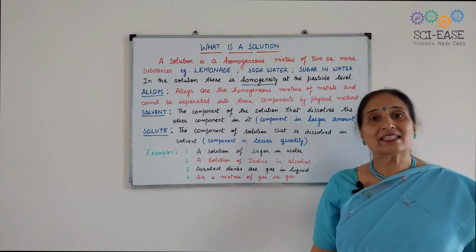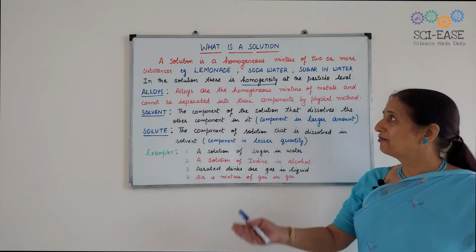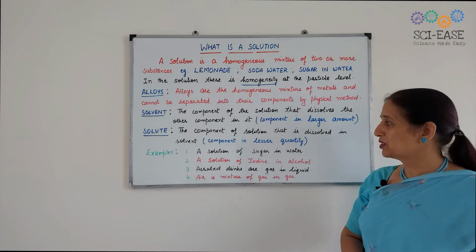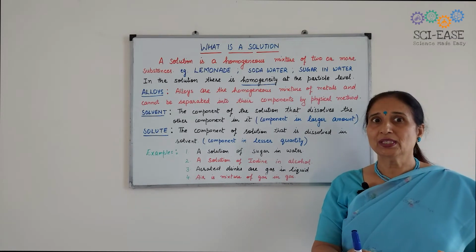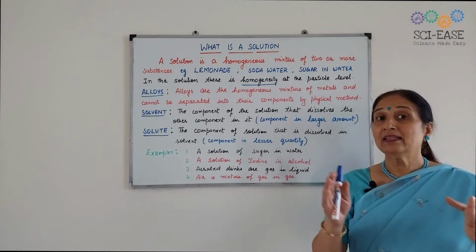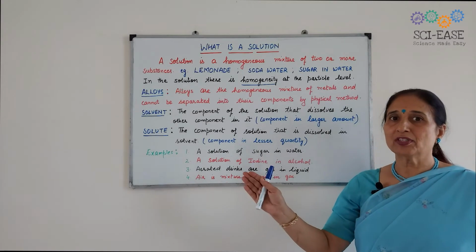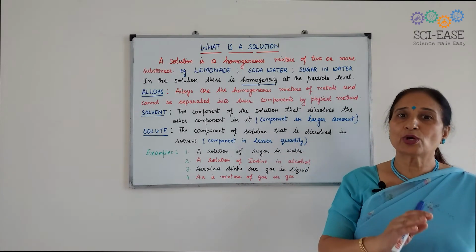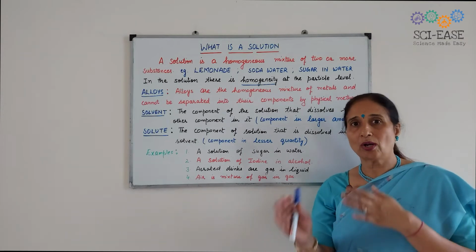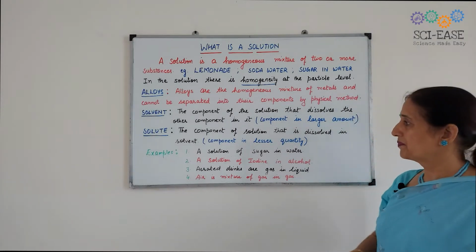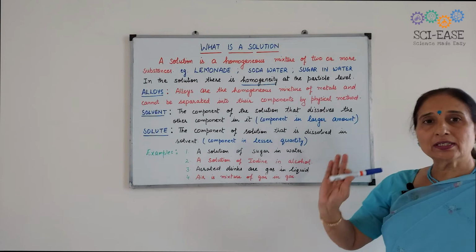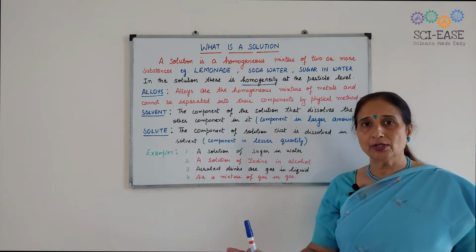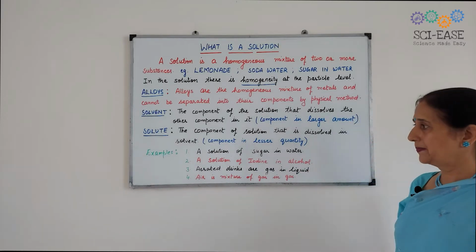Now, let us take some examples of these types of solutions. In each, you have to identify which one is the solute and which one is the solvent. A solution of sugar and water: sugar is the solute and water is the solvent.